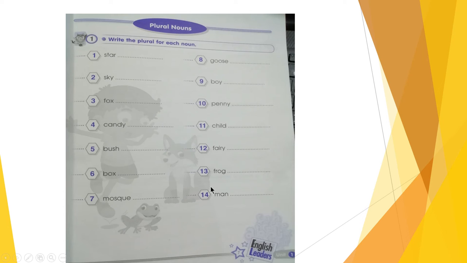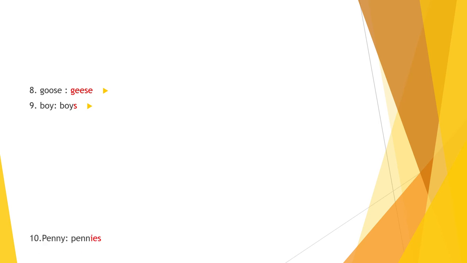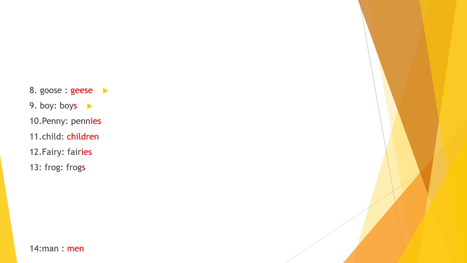Okay, man. Which rule does man follow? Yes, rule number 4. It has an irregular plural form. So man becomes men لأنها irregular. Okay, man, men.